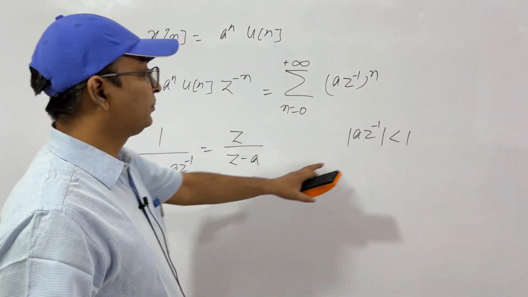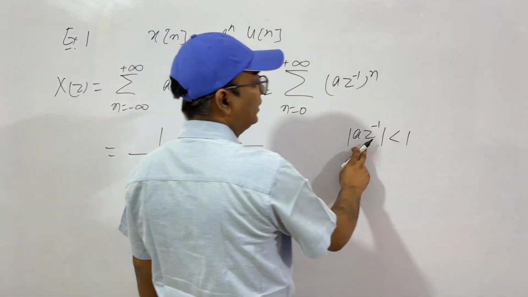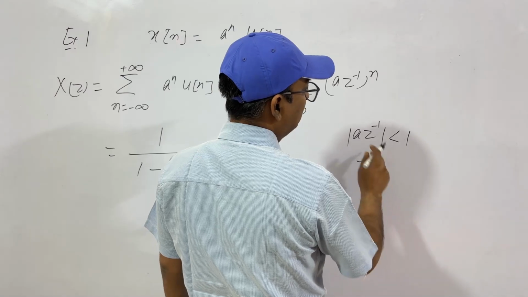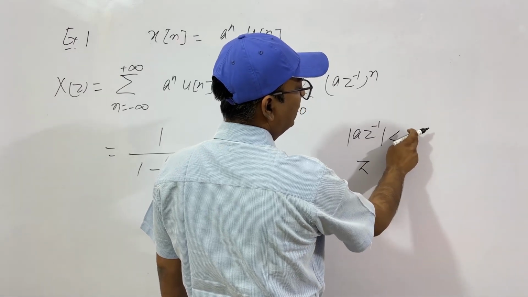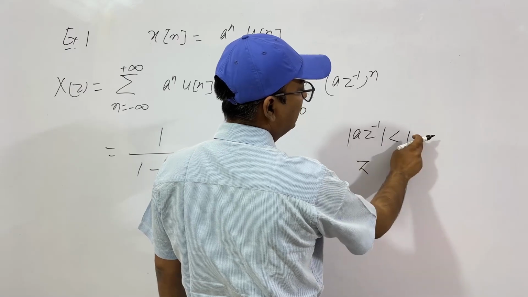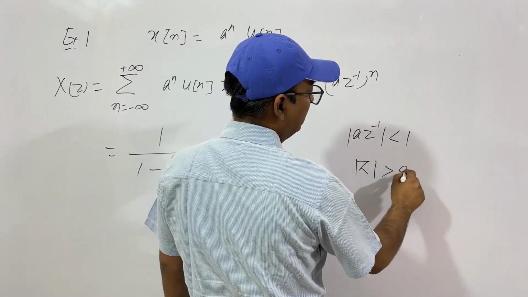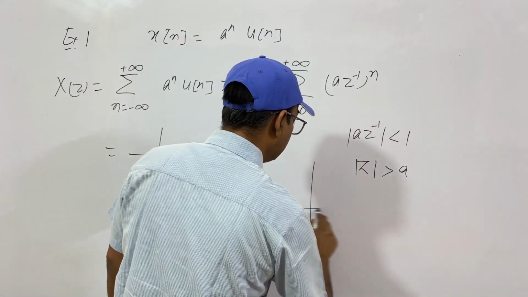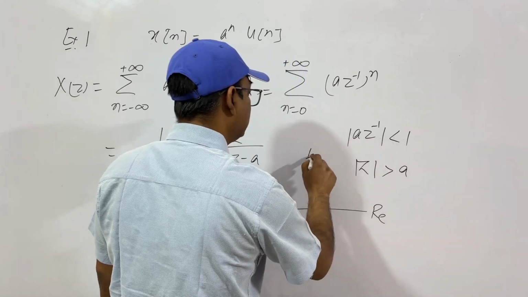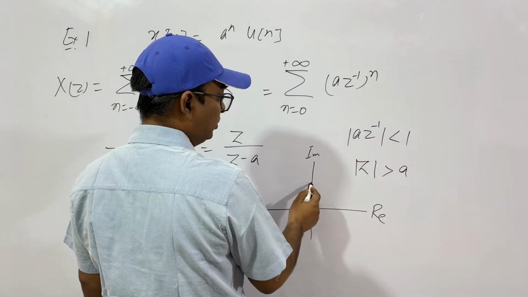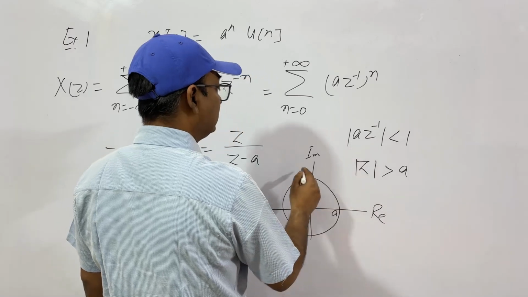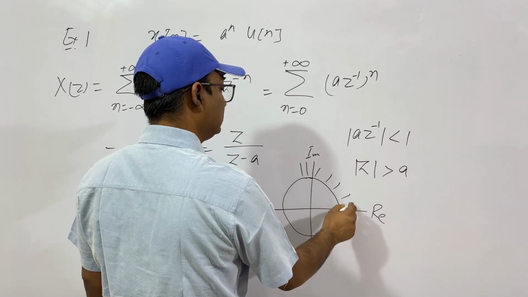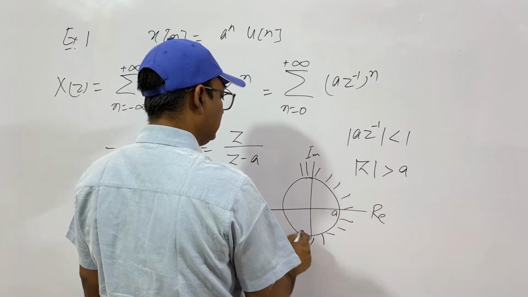And what is the region of convergence from here? If you take it to this side, you get |z| greater than |a|. That is, if you plot on the z plane, if this is real and this is imaginary, it is a circle, so let the radius of that circle be a, then the region of convergence is outside this circle, |z| greater than a.